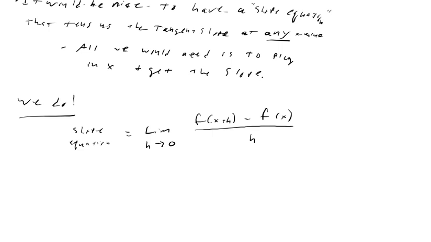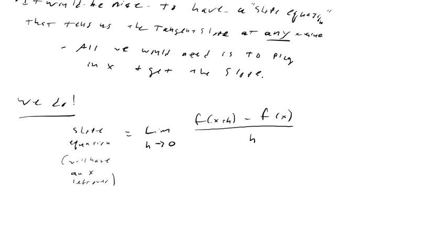This formula here, the limit as h approaches 0 of f of x plus h minus f of x over h, gets us this slope formula, this equation. It's going to have an x left over. It's going to equal an equation with some x's left over, telling us what the slope is anywhere on the graph.